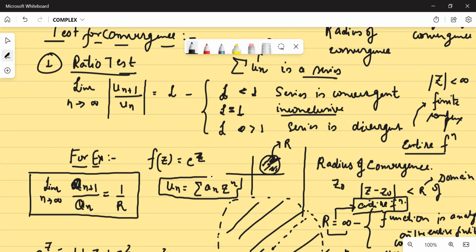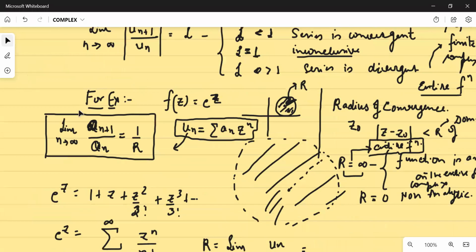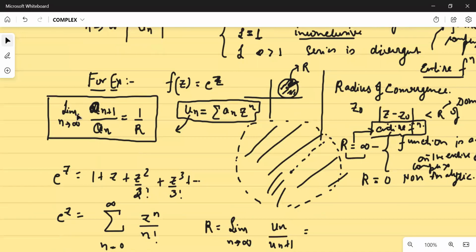तो कंफ्यूज हो जाओगे. So un is a series such that it can be written as summation an into z raised to power n. And what is the radius of convergence? Radius of convergence is nothing, but it is equals to an plus 1 upon an limit is equals to 1 over r.